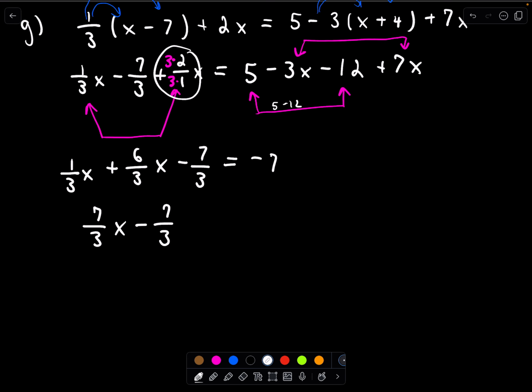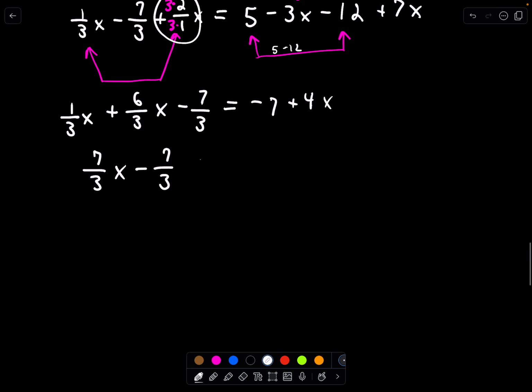And negative 3x plus 7x is going to give me positive 4x. Sorry, just making sure that I didn't do something weird there. So 5 minus 12, negative 7. Negative 3x plus 7x is positive 4x. There we go. Sorry, I'm just going to drop that right down again one more time.